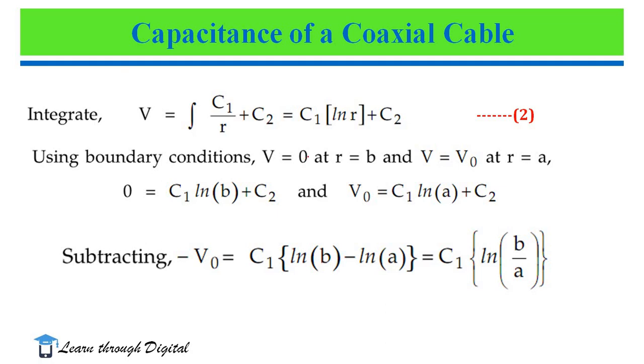Generally, how do we evaluate the arbitrary constants in second order differential equations? By applying boundary conditions, we can easily solve for C1 and C2. Now we are going to write the boundary conditions. These boundary conditions are mentioned in the statement of the problem. So V is equal to 0 at radius r is equal to B and V is equal to V naught at r is equal to A.